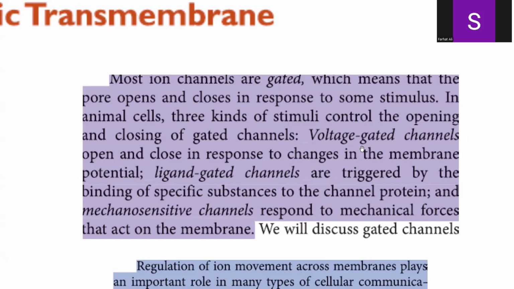Voltage-gated channels open or close in response to the voltage across the membrane. Ligand-gated channels open in response to binding of special types of signaling molecules, which are the ligands for these channels. When a certain ligand binds to the channel, it will open or close.